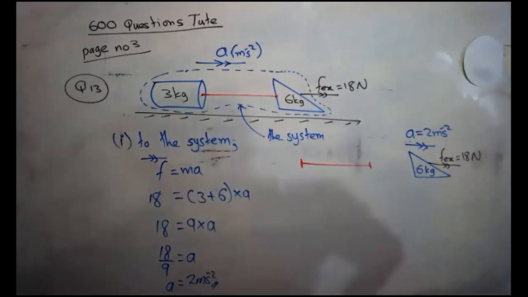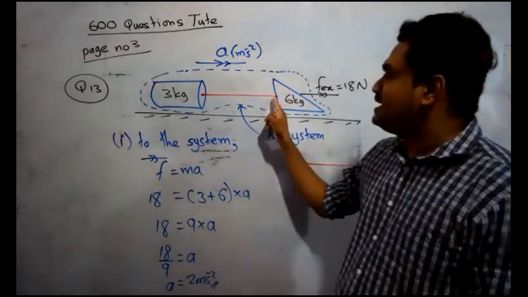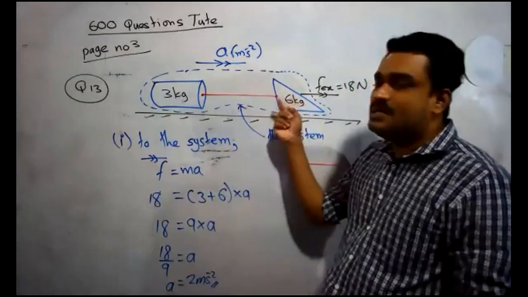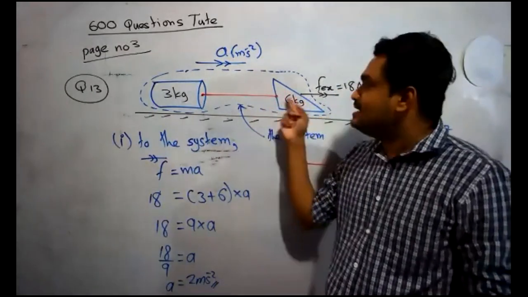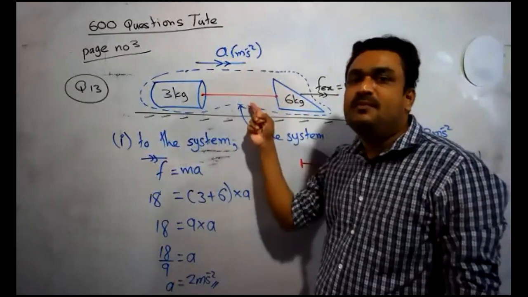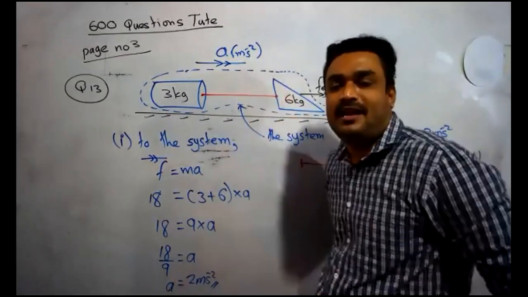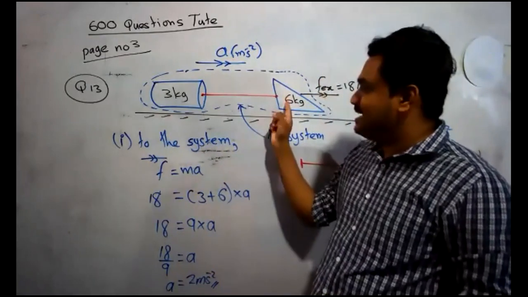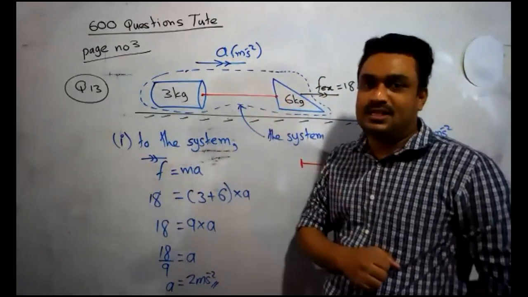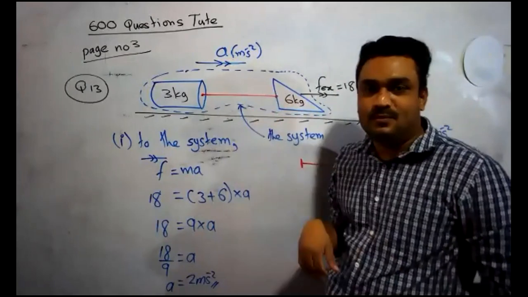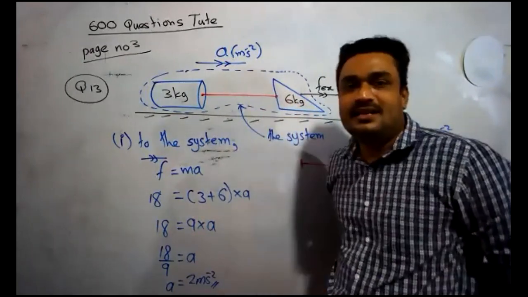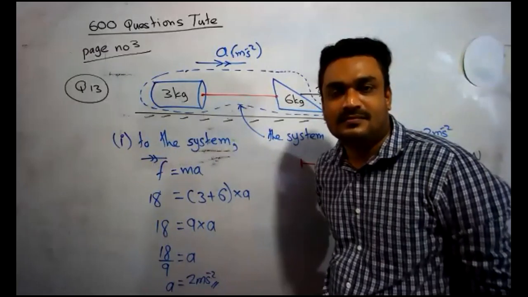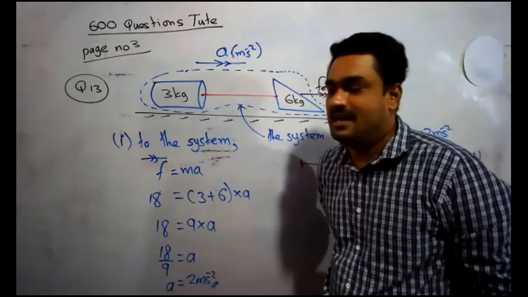The first thing, the 6 kg object is connected to the string. So when the 6 kg object is moving right hand side, the string will also be moved with it. That's the reason. Am I right? Yes, sir.